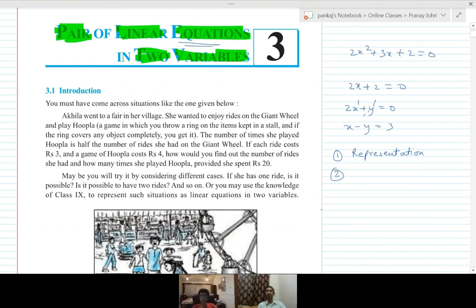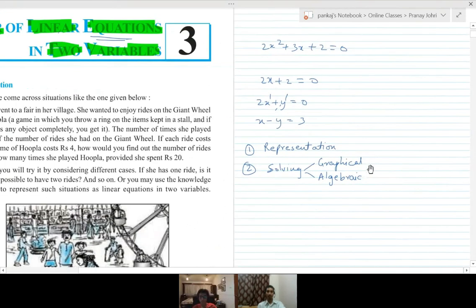This is primarily what we call word problems. Next, we'll be solving them. This has two parts. One is graphical, second is algebraic. These are the two methods that we'll be using. We'll be studying both of them. You can note down these topics.